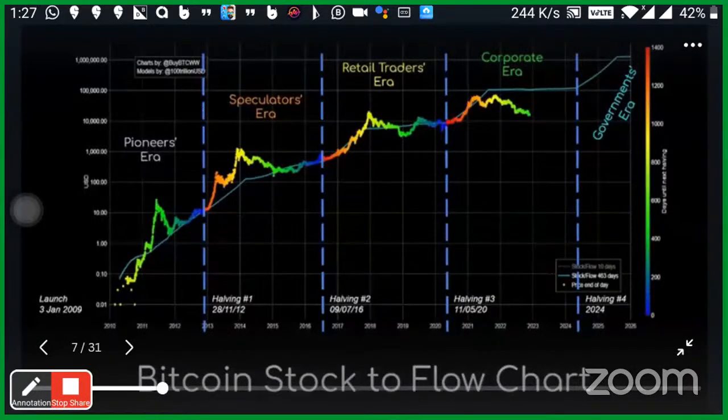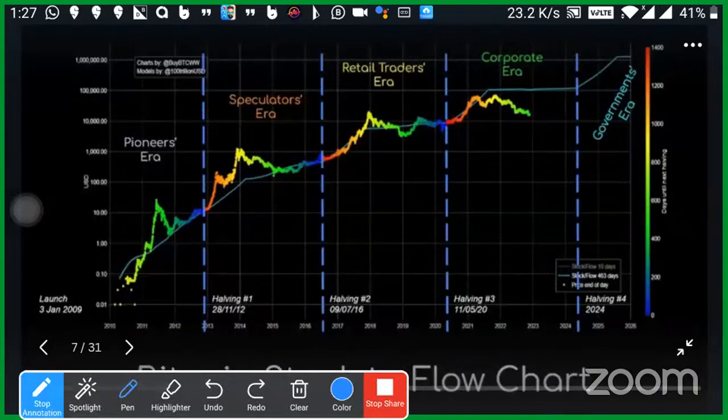But if you look at the bigger picture from the point it started till today: it started in 2009. This was the starting point when Bitcoin was formed. The first cryptocurrency in the world was formed, and a group, or maybe unknown people, started the first blockchain and mined the first block, called the Genesis block.